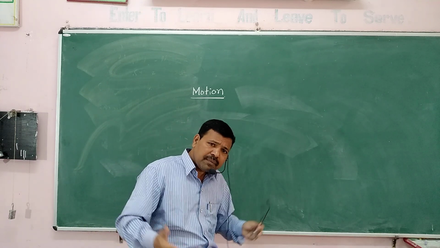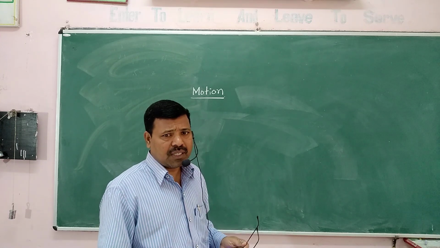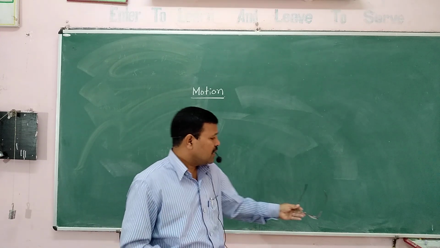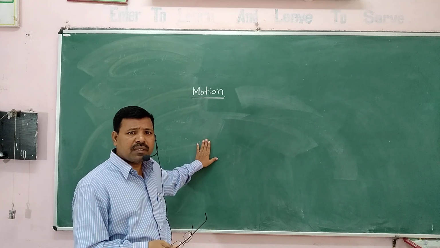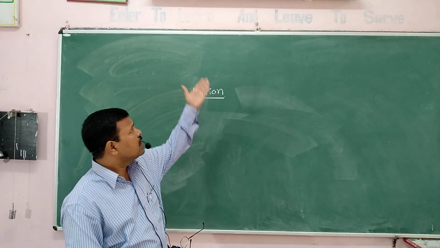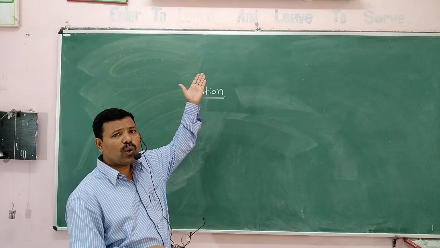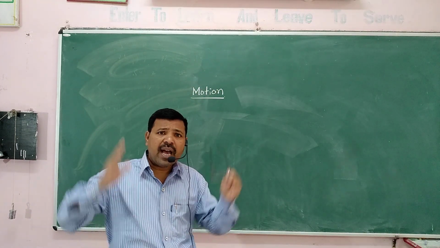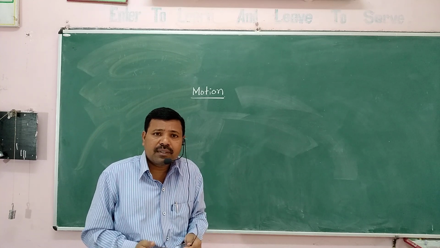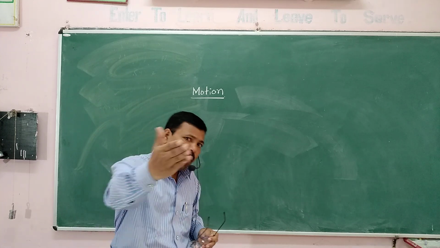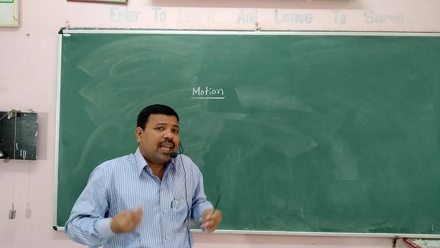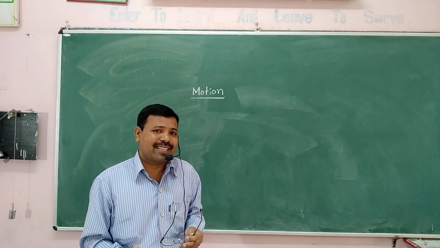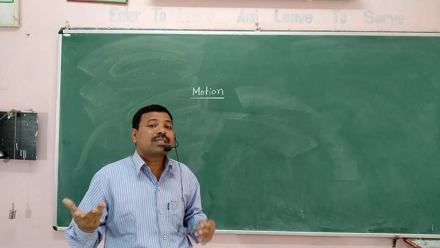Fine. Then, what is rest? We say that the board is at rest, or the tube light which is fixed on the wall is at rest, or a portrait that is hanging on a wall is at rest. What is rest? A body is said to be at rest if it does not change its position with the surrounding.